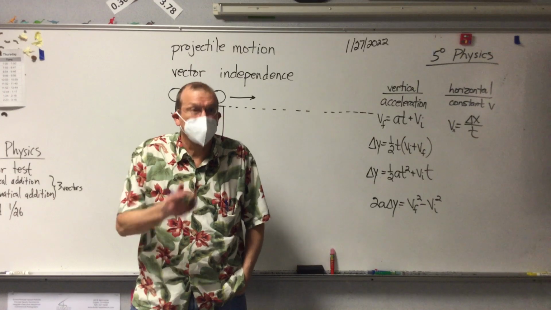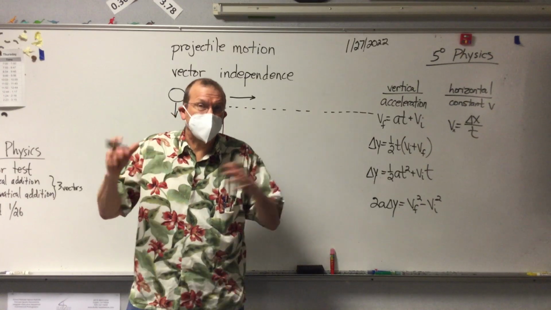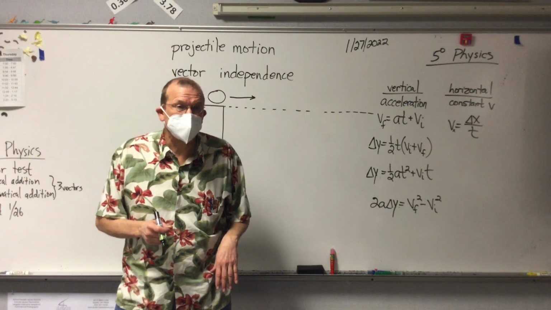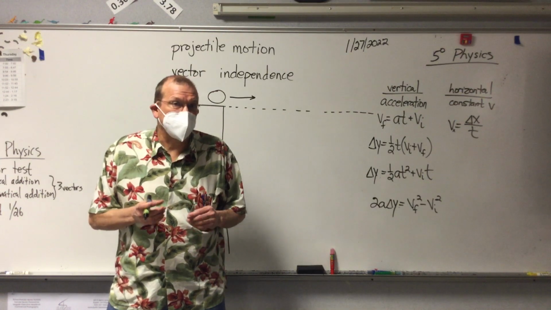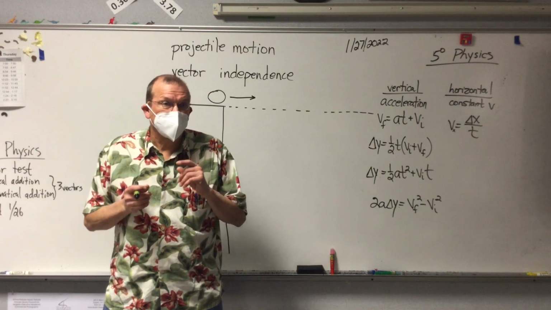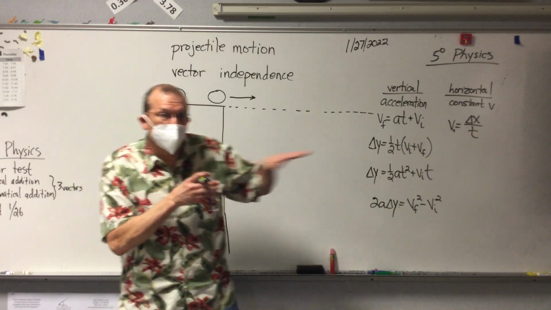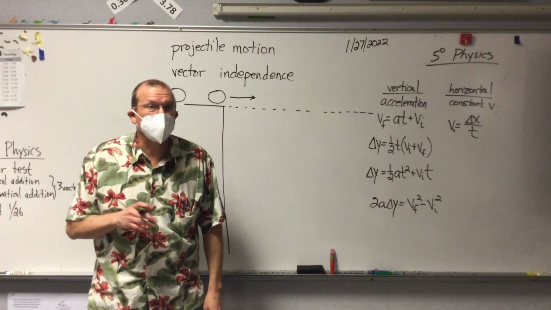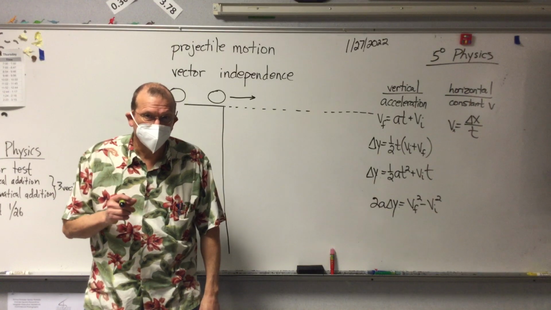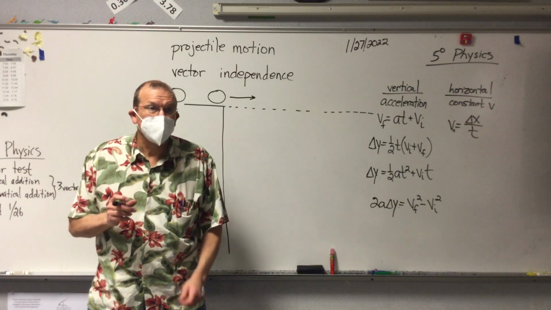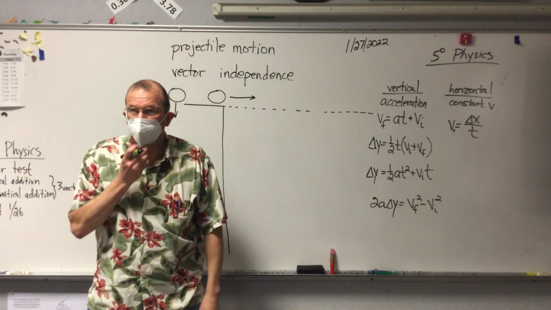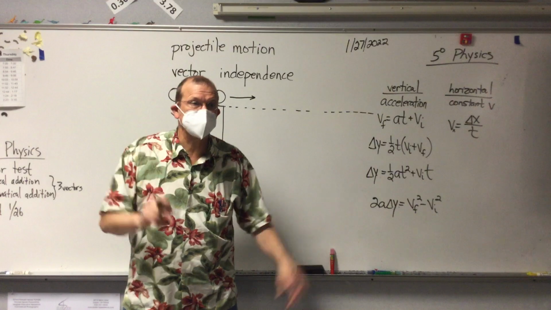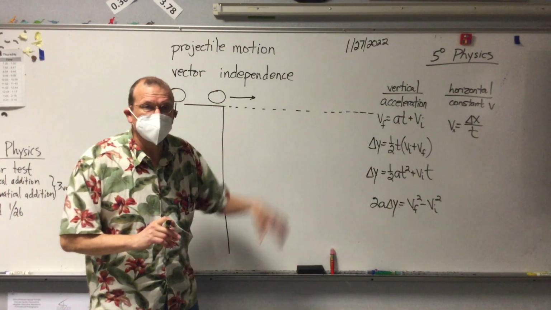The dimension. Correct. If someone says the delta x for my object was 4 meters, and let's specifically say it's positive 4 meters, what did it do then? Moved 4 meters right. It moved 4 meters horizontally to the right. But if we were to say the delta y for my object was positive 4 meters, what did it do? It went up 4 meters. Okay? Those are very different things, even though the number is exactly the same. It's because it was in different dimensions.